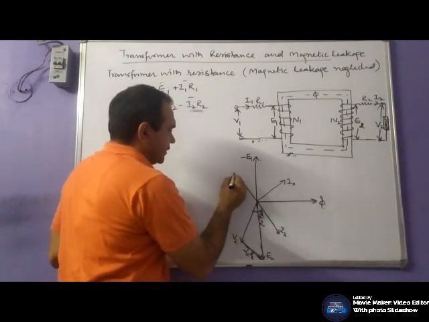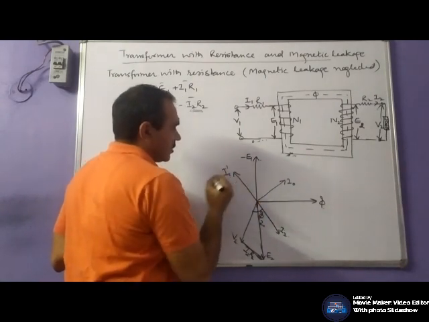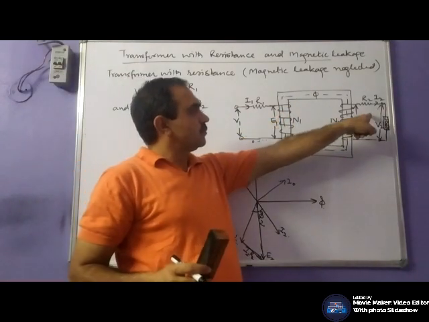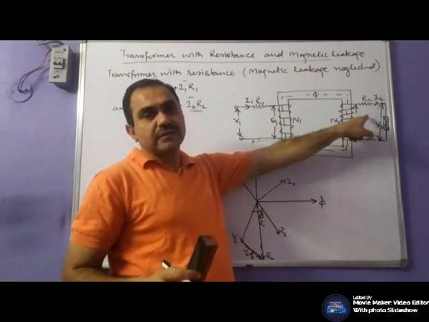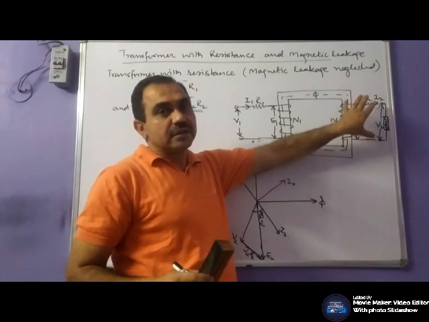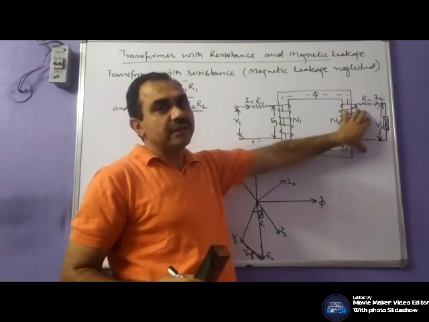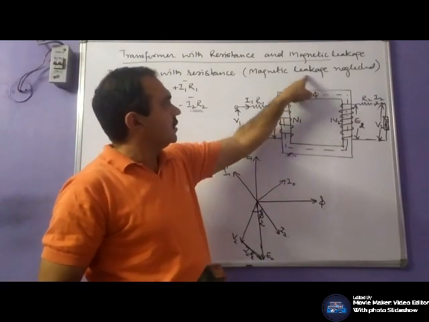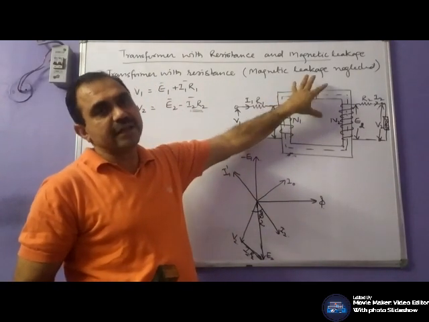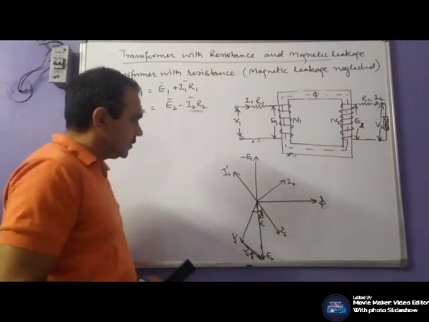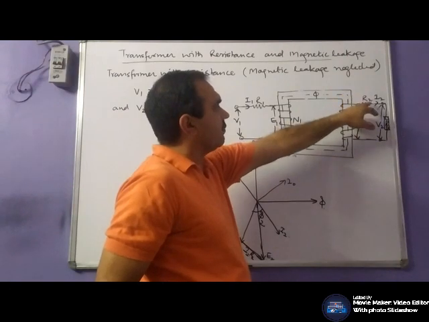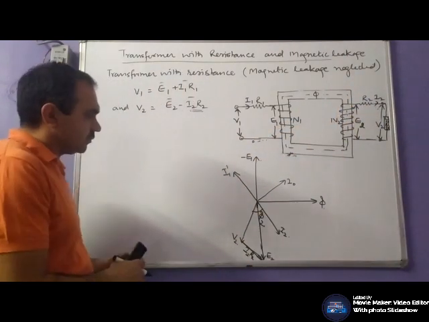I1 dash phasor position is the counterbalance current which neutralizes the secondary induced flux or secondary flux, so that your phi flux is maintained in the core, or it neutralizes the demagnetizing flux phi 2 developed by the current I2.